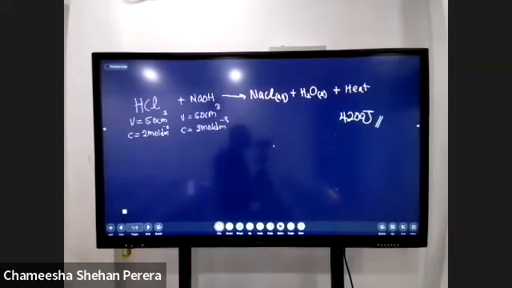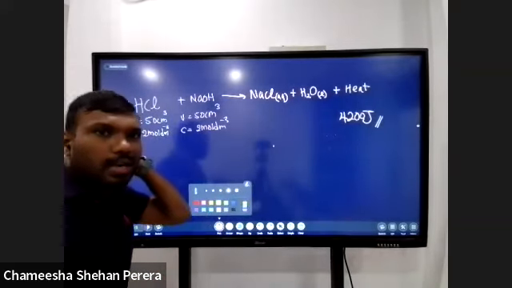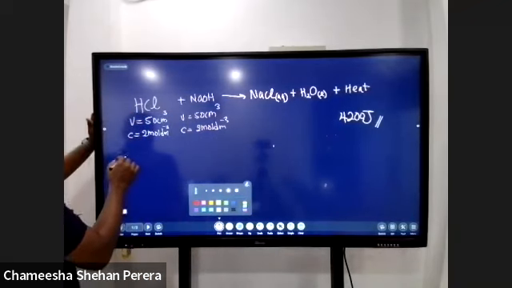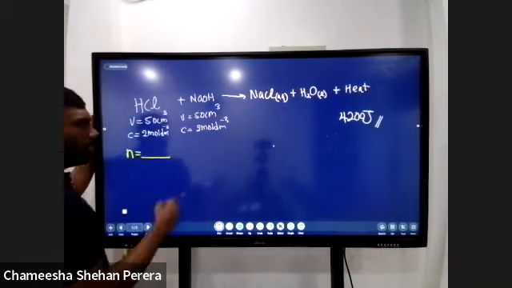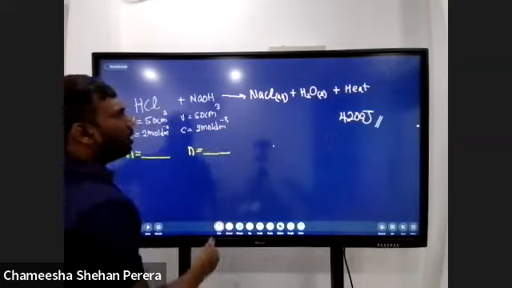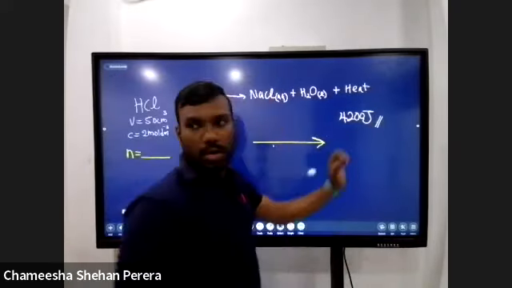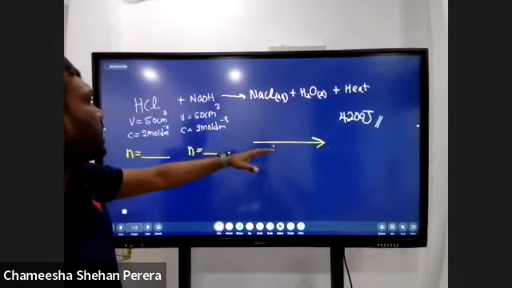Now, when you are given a volume and a concentration, how could you find out how many moles of HCl and how many moles of NaOH reacted in this experiment to produce 4,200 joules of energy?